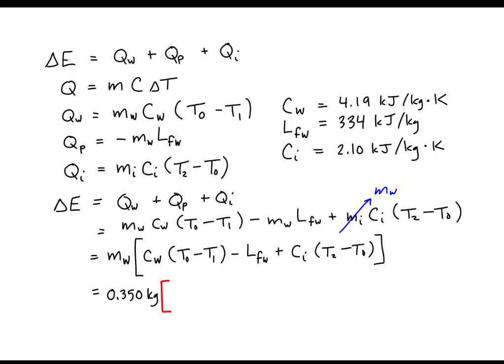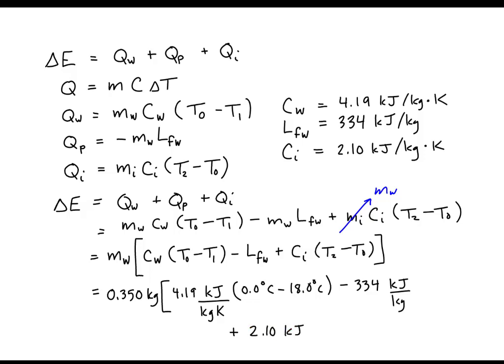The specific heat of water is 4.19 kilojoules per kilogram Kelvin, times the temperature change of water, which is 0 degrees Celsius minus 18 degrees Celsius, minus the heat of fusion of water, which is 334 kilojoules per kilogram, plus the specific heat of ice, which is 2.10 kilojoules per kilogram Kelvin, times the temperature change while we're in the ice phase, which is minus 10 degrees Celsius minus 0 degrees Celsius.